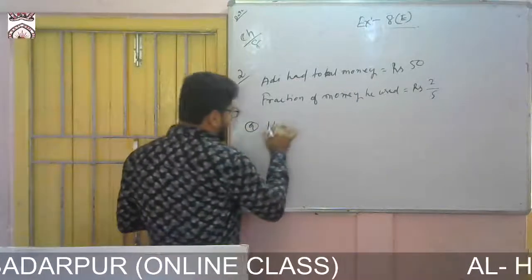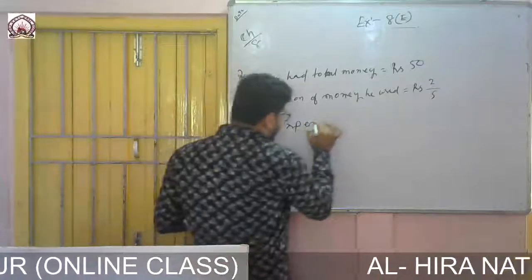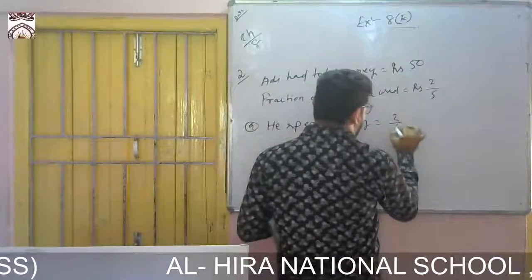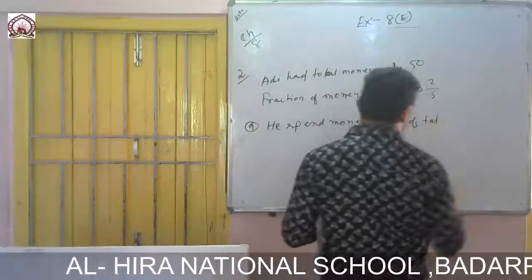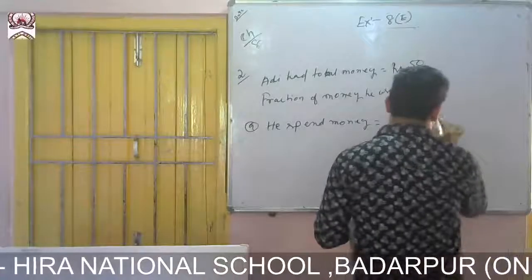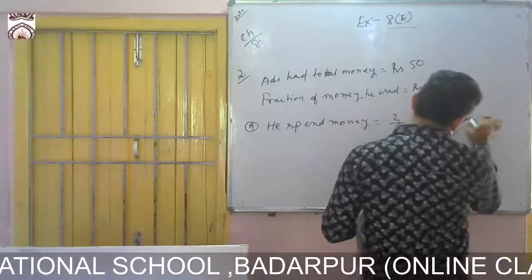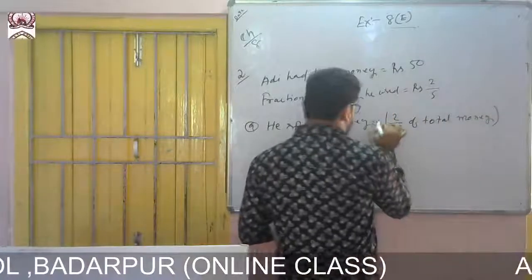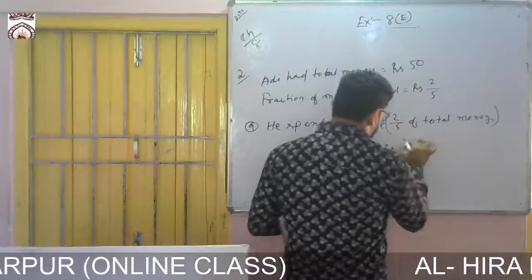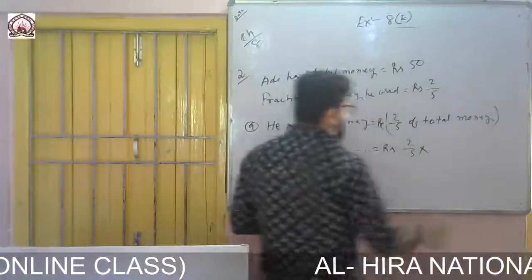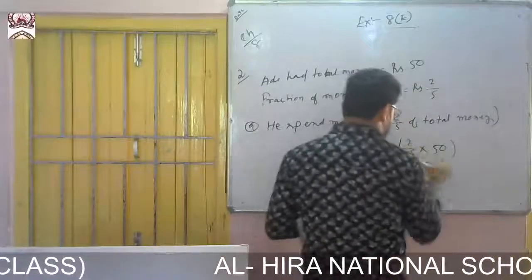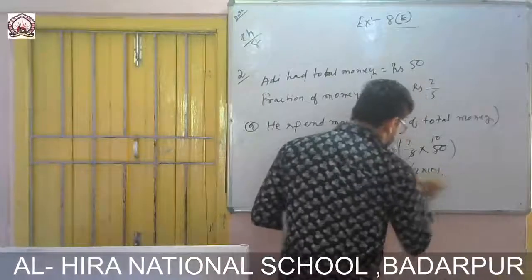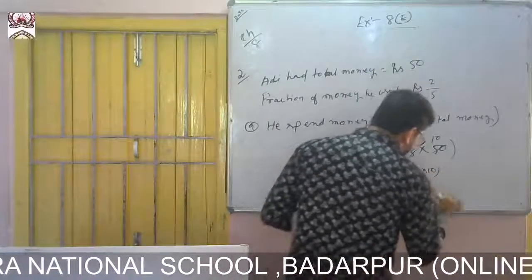Therefore, number 1, money spent equals 2/5 of total money. You can write rupees. So it will be rupees 2/5 into total money, 50. If we cancel, 5 10s are 50. So rupees 2 into 10 is rupees 20.